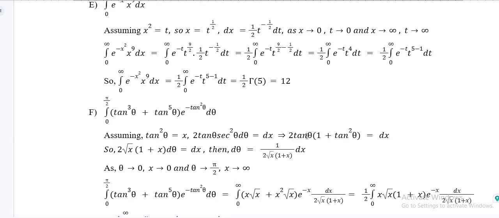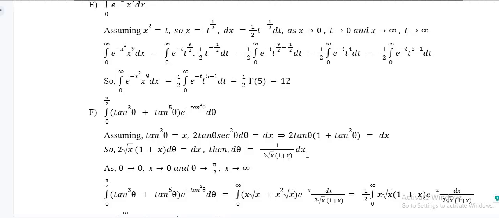And what is tan theta? Tan square theta is equal to x, so tan theta can be given as root of x. So 2 tan theta (1 plus tan square theta) can be simplified as 2 root x (1 plus x) d theta, equal to dx. So what is d theta? This is dx divided by 2 root x (1 plus x).